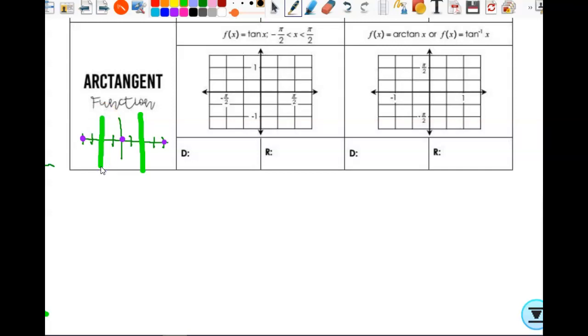All right, so then it looks like this. Okay, so we're doing more than just the parent function, just kind of getting a full couple cycles there. So what we drew for our parent function, I was trying to stay consistent.